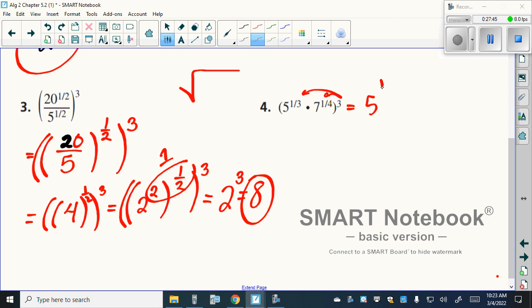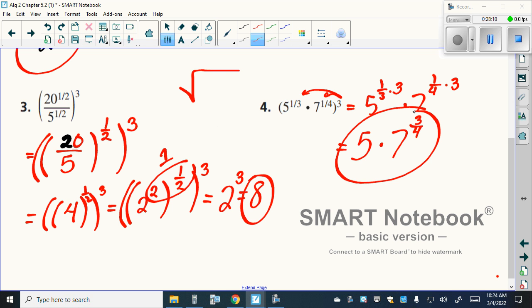So we'll have 5 to the 1/3 times 3 times 7 to the 1/4 times 3. Well, 5 to the 1/3 times 3 is just going to be 5, because 3 times 1/3 is 1, times 7 to the 3/4.